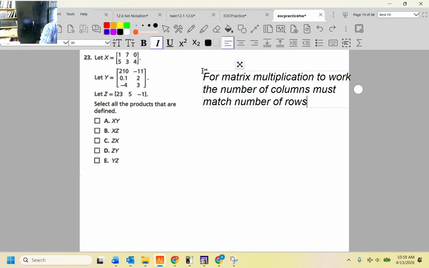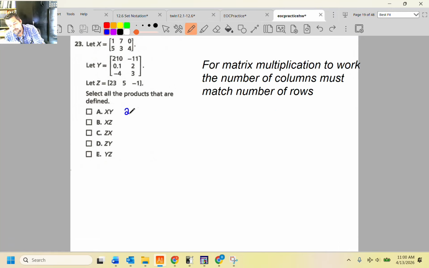Now I'll expand on that. So if I look at example A, they're telling me to do x times y. Well, x is a 2 by 3, and I'm trying to multiply it by y, which happens to be a 3 by 2. So the insides match, we're good to go. If the insides match, you're good.